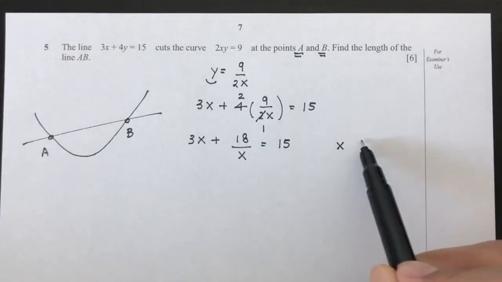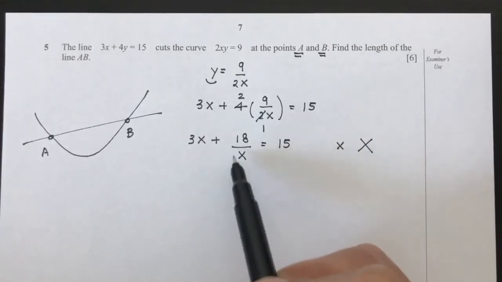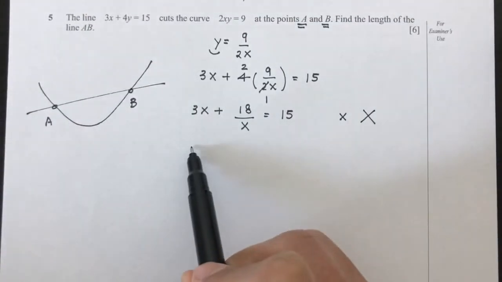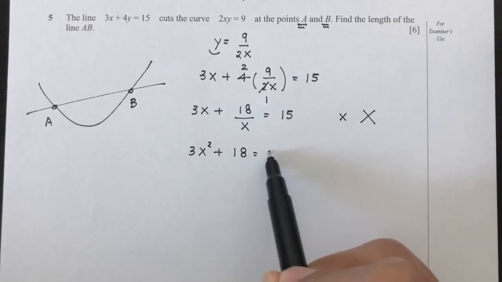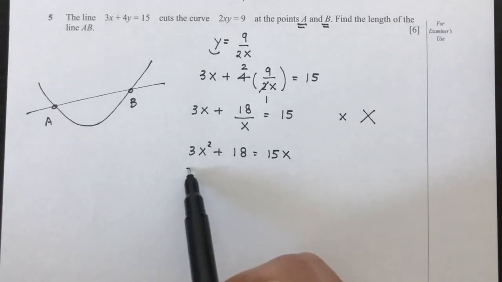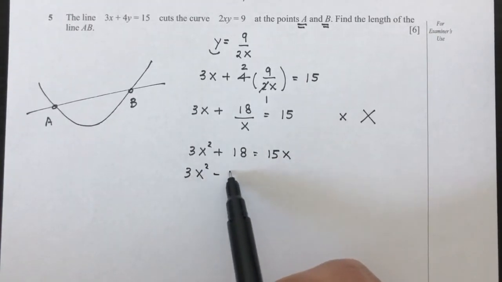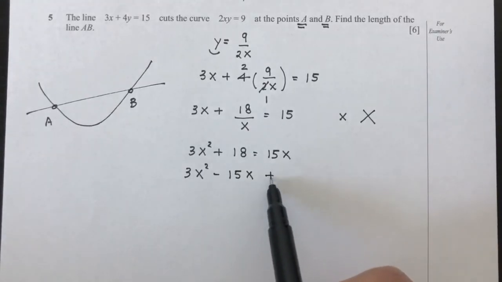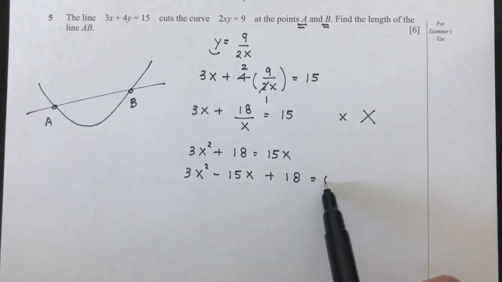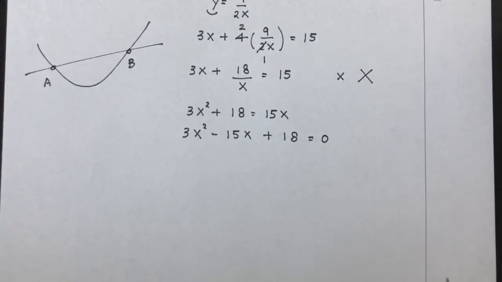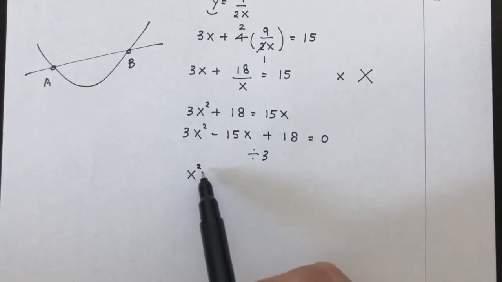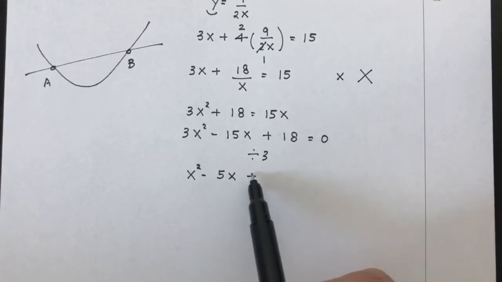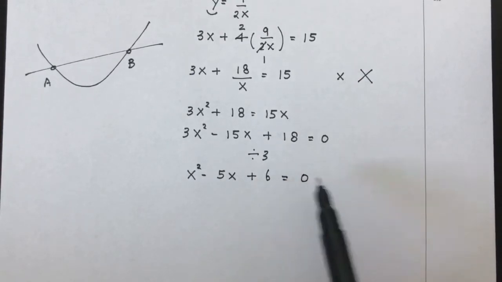Now we have to multiply by x everywhere to eliminate our denominator. So you will have 3x squared plus 18 equal to 15x. So 3x squared minus 15x plus 18 equal to 0. Now we can just divide by 3 everywhere. You will have x squared minus 5x plus 6 equal to 0.